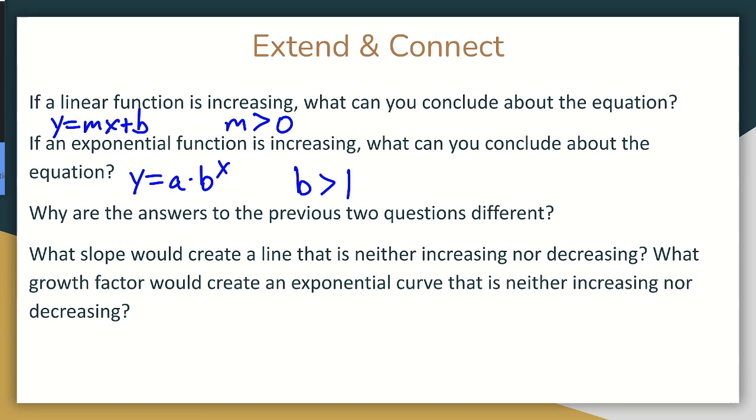Why are the answers to the previous two questions different? Why is b must be greater than 1 and m must be greater than 0? Why can't b be 0?